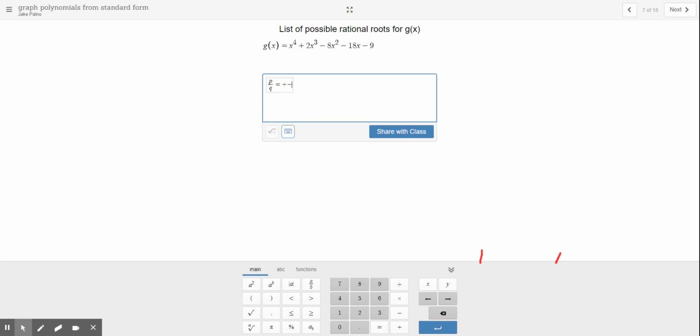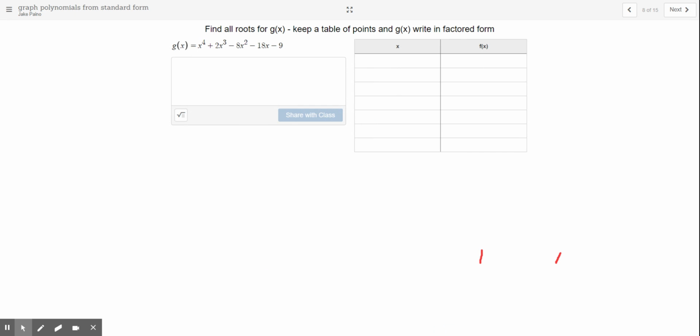Again, it doesn't let me type it in there. This one is just all the factors of 9, so it's not quite as many. So 1, 3, and 9 are my only possibilities here. That's way less to check.